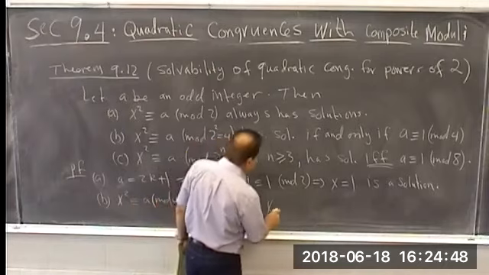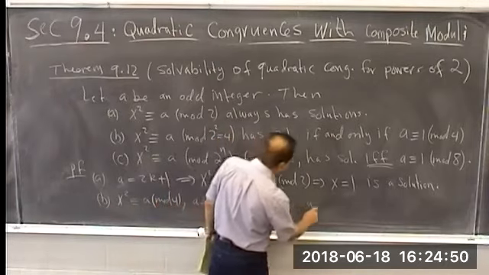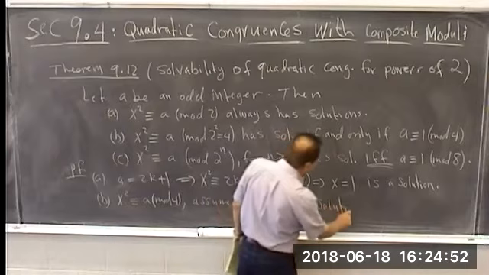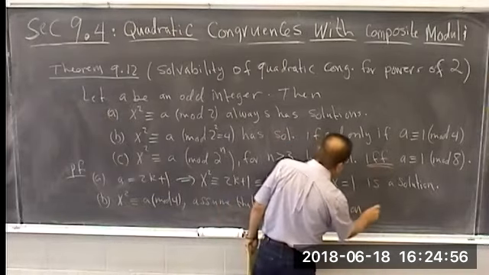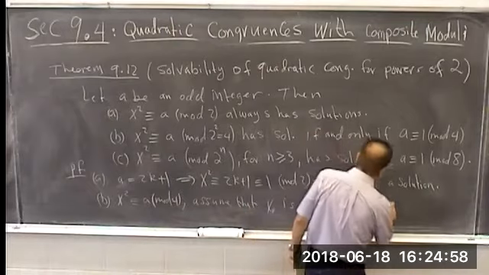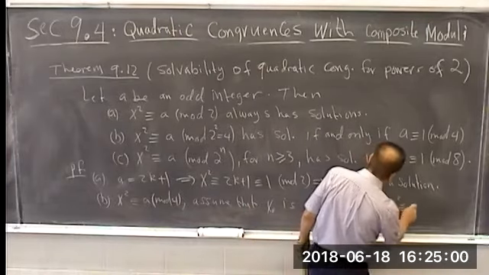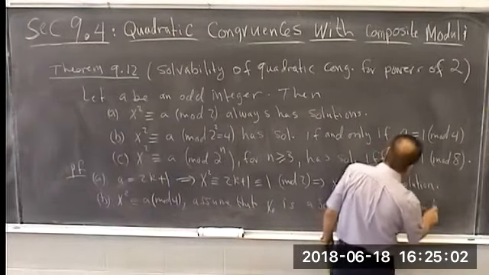x sub 0 is a solution, and we need to show that A must be of this form. So this implies x sub 0 squared is congruent to A mod 4.